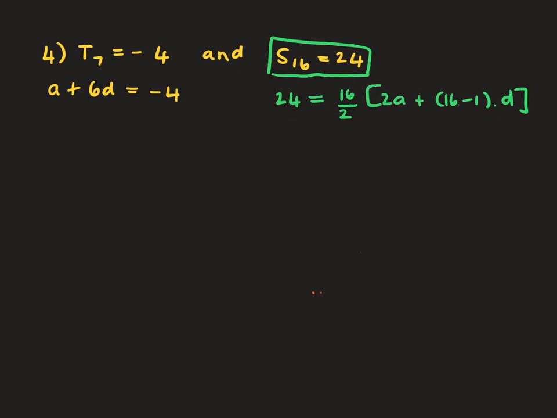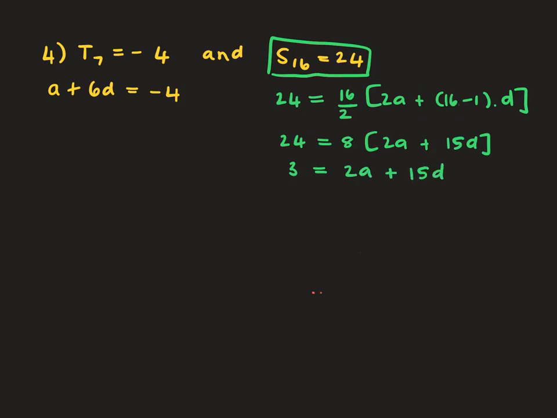Okay, so now we're just going to simplify here so that we can get this equation, which we can equate with this first one. So we're going to have 24 is equal to 8(2a + 15d). I'm going to divide by 8 on both sides. 3 is equal to 2a + 15d.